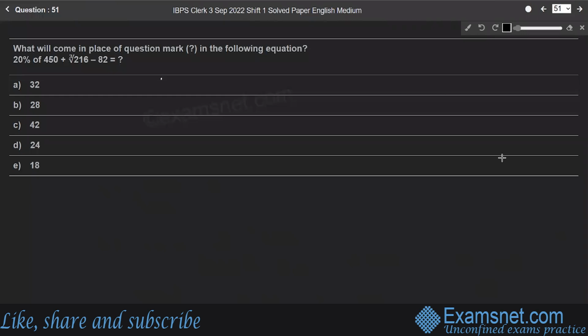Question 51. What will come in place of question mark in the following equation? Here is the equation. 20% of 450 plus cube root of 216 minus, it is not 82, it is 8 square. 8 square is equal to x. So according to BODMAS, here no brackets. So next is of part, that is 20% of 450 and cube root of and square of. So all three terms are of parts.